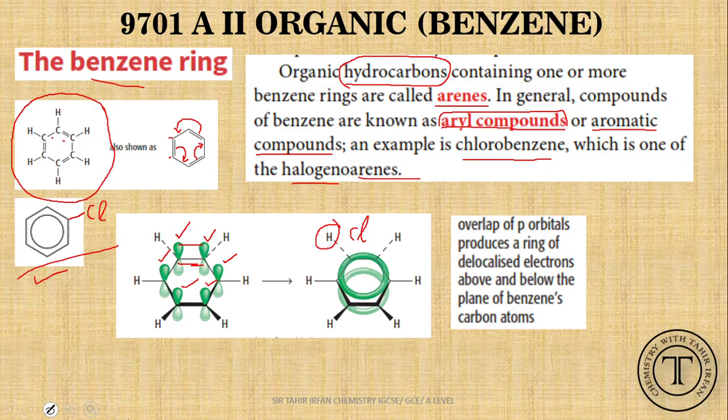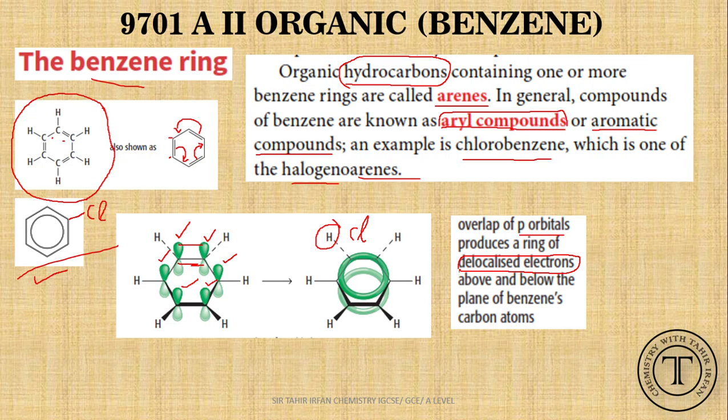Okay, here we can see the overlap of p orbitals produces a ring of delocalized electrons. Now please be very careful. These delocalized electrons are not those which we find in metals, which are responsible for electricity conduction or heat conduction. So please don't be confused.